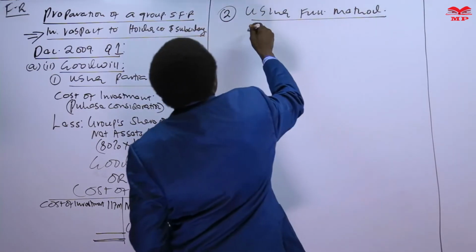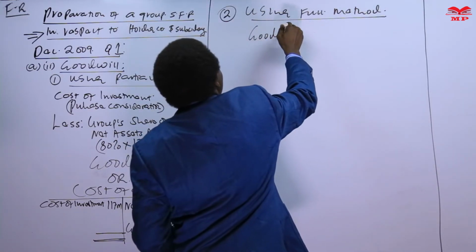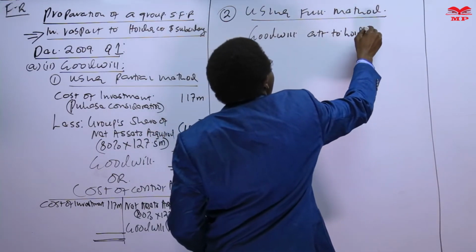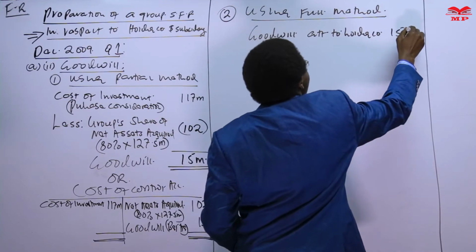We should remember that goodwill attributable to the holding company is 15 million.